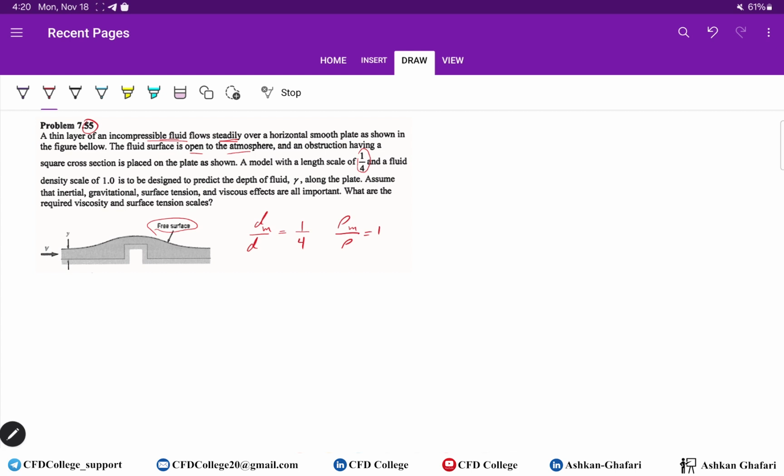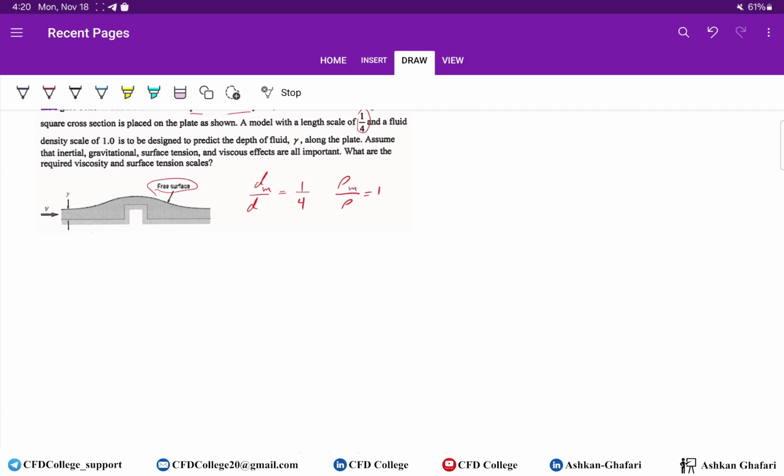Okay, whatever. Assume that inertia, gravitational, surface tension, and viscous effects are all important. What are the required viscosity and surface tension scales?